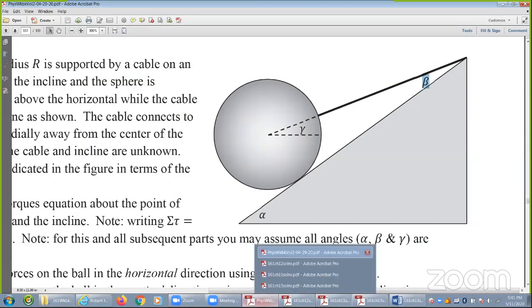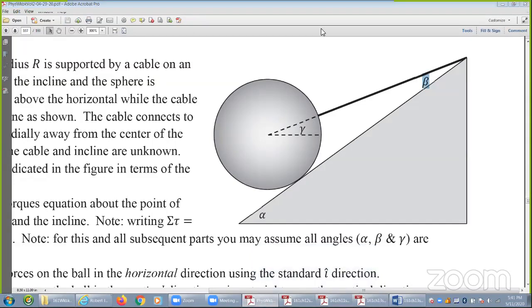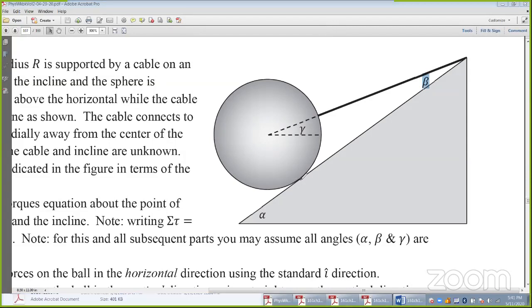So the question for part B is a correct sum of torques equation for the point of contact between the ball and the incline. Sum of torque equals 0 is, oh, so you could tell that was the exam question. So we're asking for sum of torques about this point right here. So I know that there's a normal force here, and there's gravity going this way.